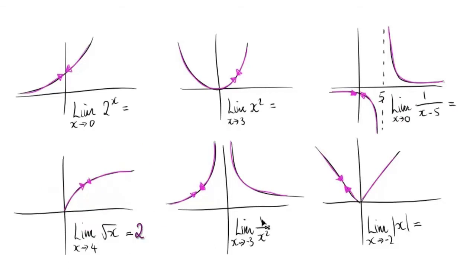Okay, so 1 over x squared looks like this, and we want to know the limit as x approaches negative 3. So let's just imagine negative 3 here. Put your pen nib here and then move towards negative 3. So you're heading towards here. Put your pen nib on the right hand side and head towards negative 3. So you're moving along, moving along, moving along. Dead on 0, I know it breaks down.